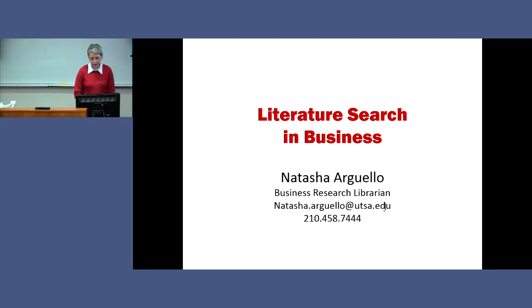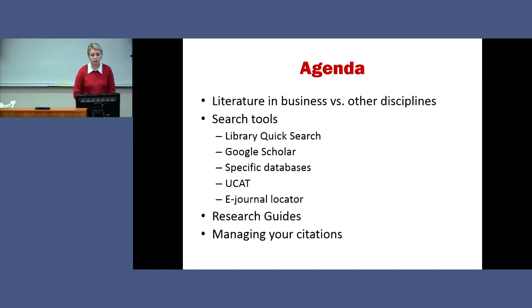Today we are going to discuss literature search in business. This is our agenda. First we will be comparing literature in business versus other disciplines, and we will specifically focus on social sciences.